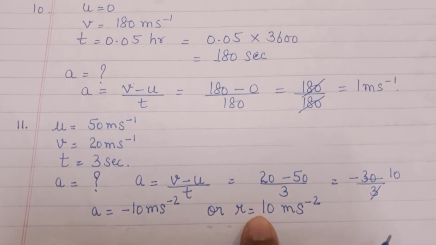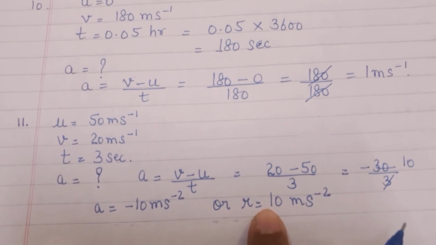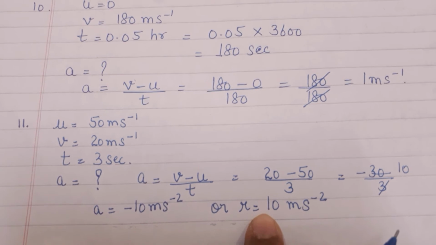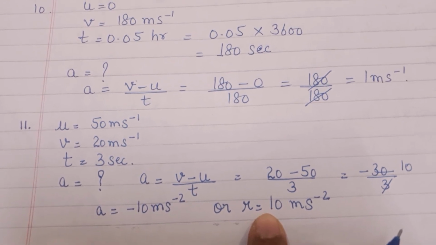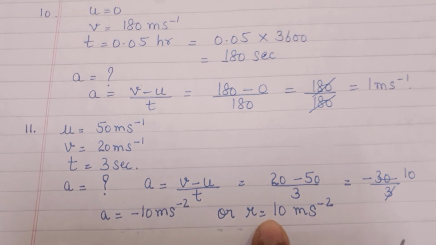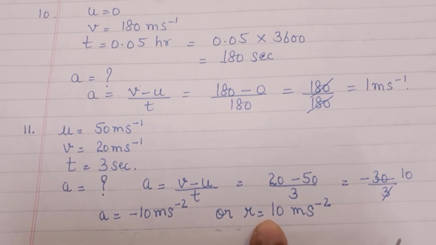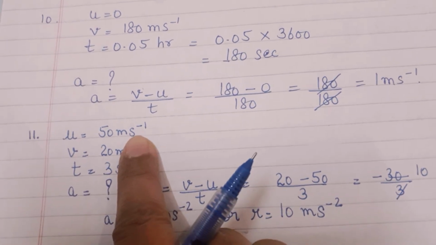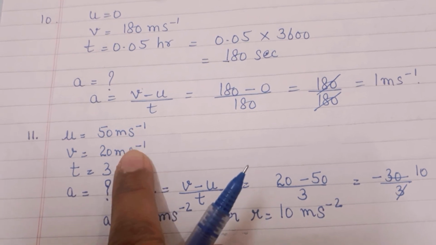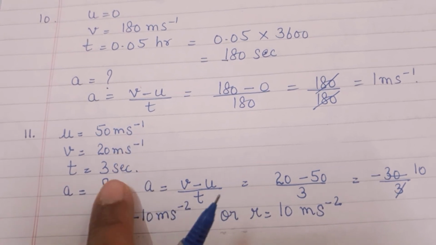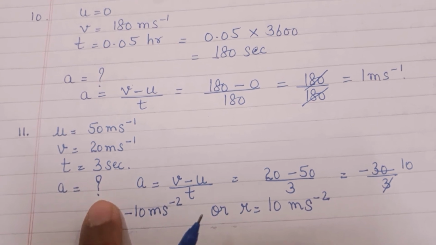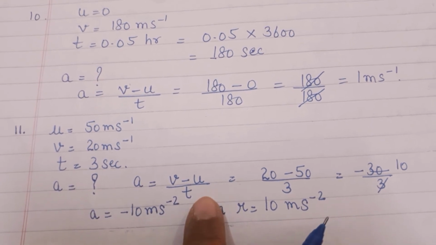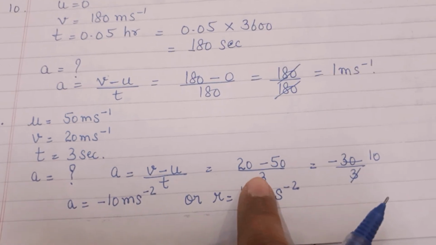Now, question number 11, numerical. A body is moving vertically upwards and the velocity changes from 50 to 20. 50 to 20 means 50 is its initial velocity and 20 is its final velocity in time 3 seconds. You need to find out the acceleration. Of course, the formula is v minus u over t. You substitute the value.